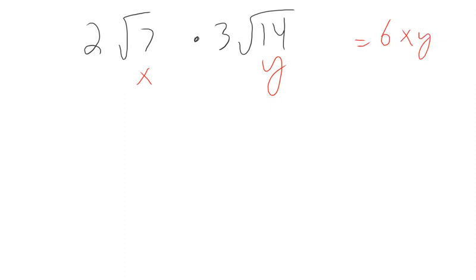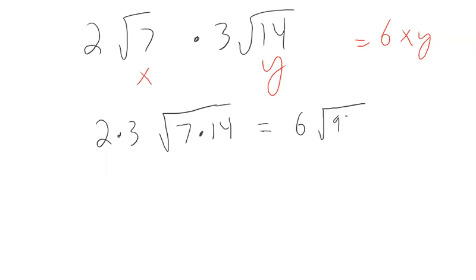So we do the same thing with our radicals. This becomes 2 times 3, and then the square root of 7 times 14. Well, 2 times 3 is 6. 7 times 14 is 98, so that is under the radical sign.